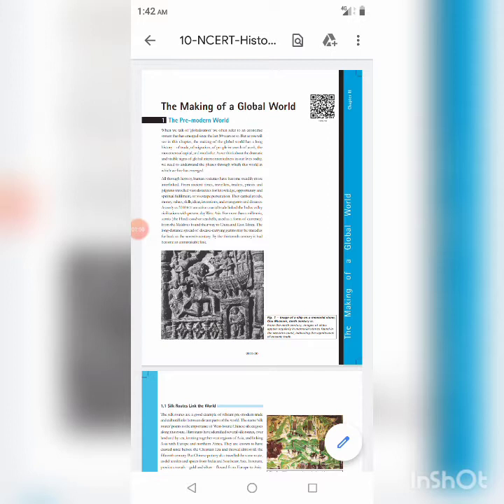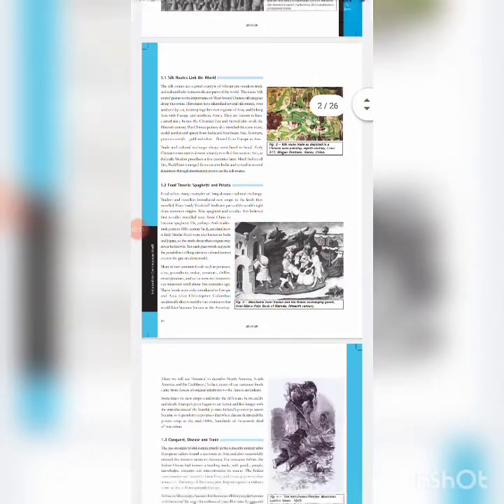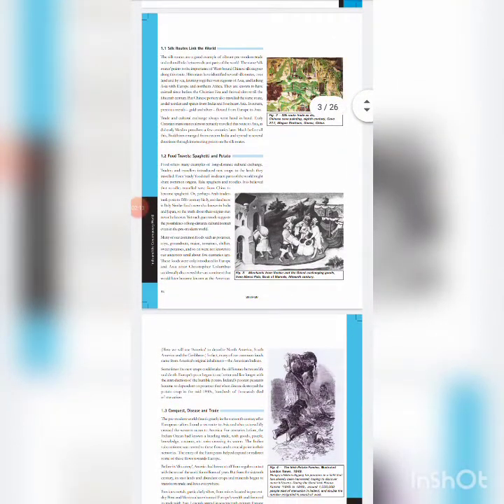An active coastal trade linked the Indus Valley civilization with present-day West Asia. Now the Silk Route linked the world. Silk Routes are a good example of vibrant pre-modern trade and cultural links between distant parts of the world.